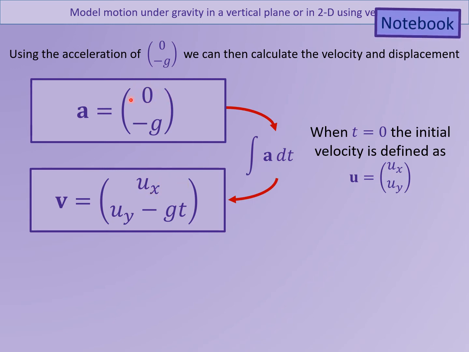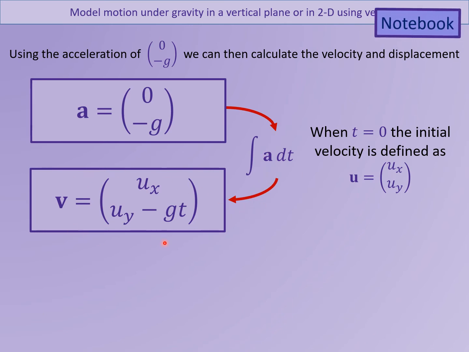Acceleration in the x direction is 0, so that's just 0t. The bottom line, v equals initial velocity in the y direction this time, minus gt, because acceleration is minus g. So I'm really using v equals u plus at. That's exactly the same as integration. It's nice to see exactly the same coming out from that Suvat equation as it does with integration.